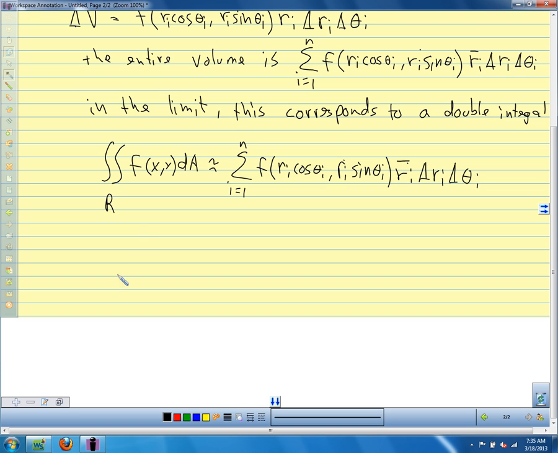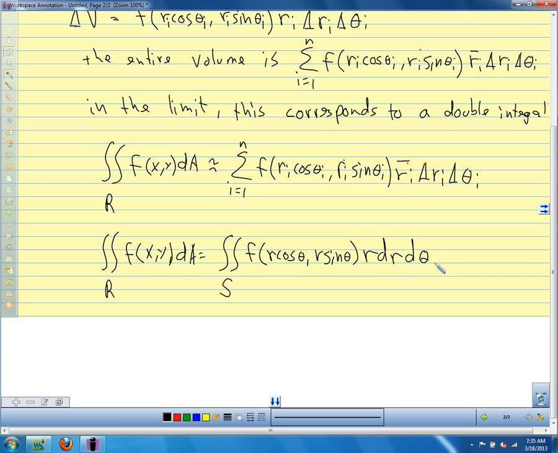And we say in polar coordinates that our double integral over R of f of xy dA is, and I'm going to write double integral sign, and we write it in polar coordinates to remind us that we're using polar coordinates rather than rectangular coordinates, of f of r cosine theta, r sine theta, r dr d theta.